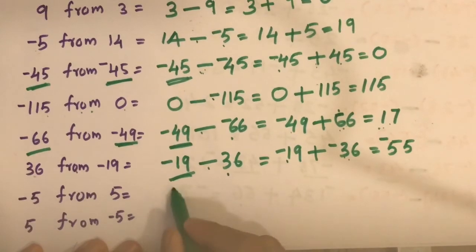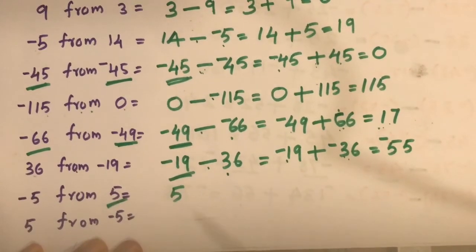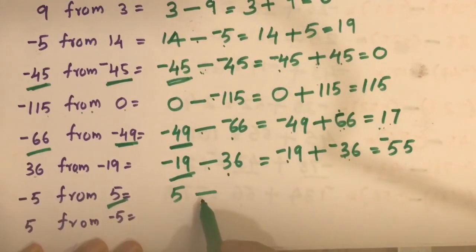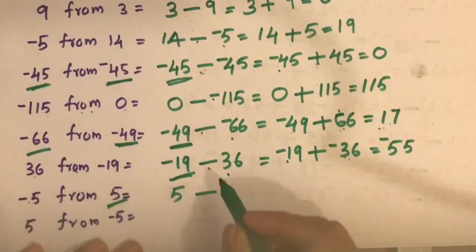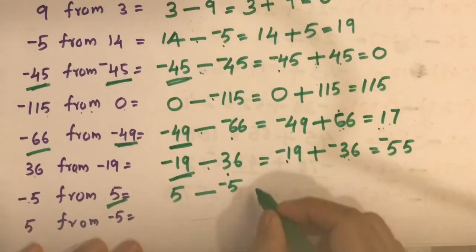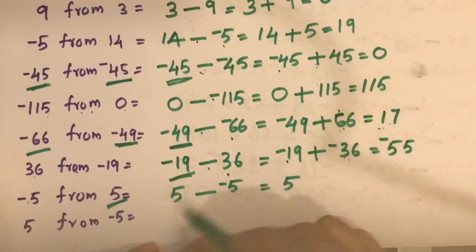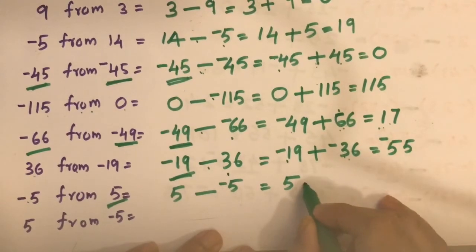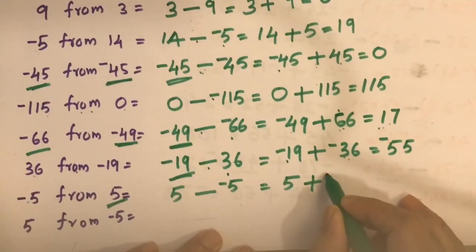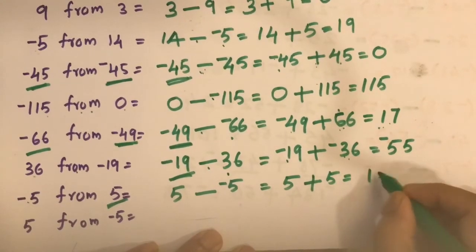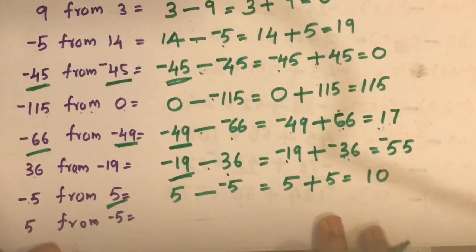Here write 5, the number after "from" first, then it is subtraction, and write the second integer, that is 5. Keep the first integer, then change the operation, change the sign of the second integer. It will be 5 plus 5 is 10.